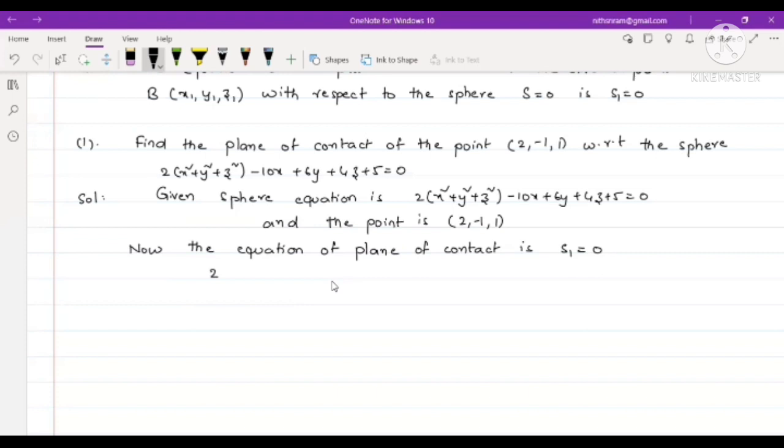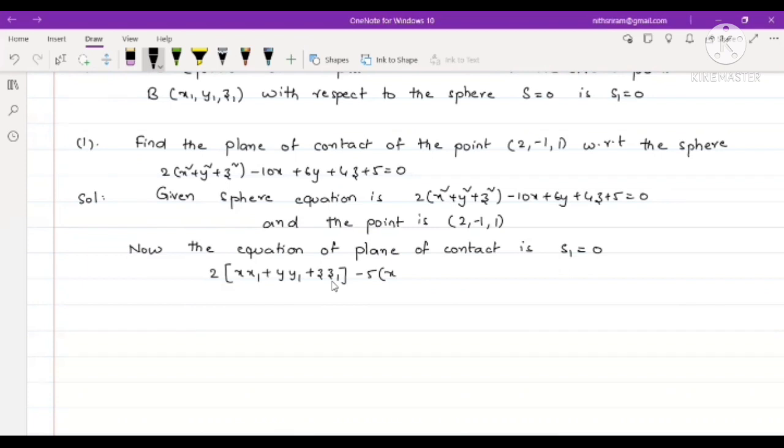So 2 into, whenever we have x square, we have to write x into x1. So in place of x, we write x1. Similarly, we write y square as y into y1, and z square as z into z1. Coming to the coefficient of x, we write minus 10x as minus 5 into (x plus x1).